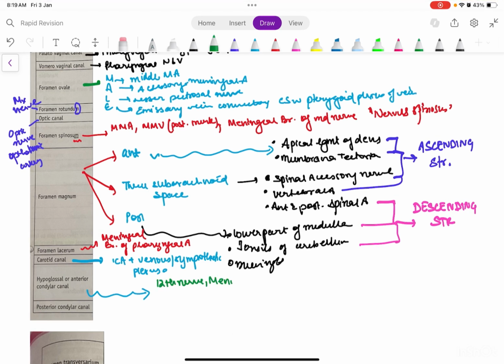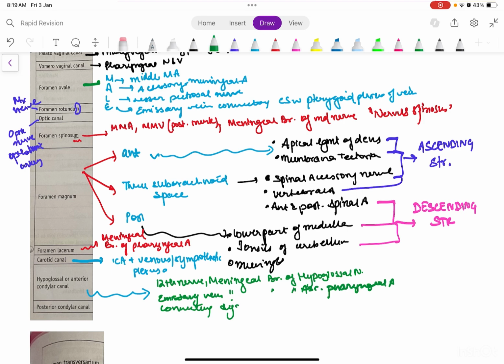Then we have the meningeal branch of the hypoglossal nerve, then the meningeal branch of the ascending pharyngeal artery, then an emissary vein connecting the sigmoid sinus to the jugular canal. In the posterior condylar canal, we have the sigmoid sinus and suboccipital venous plexus emissary vein.